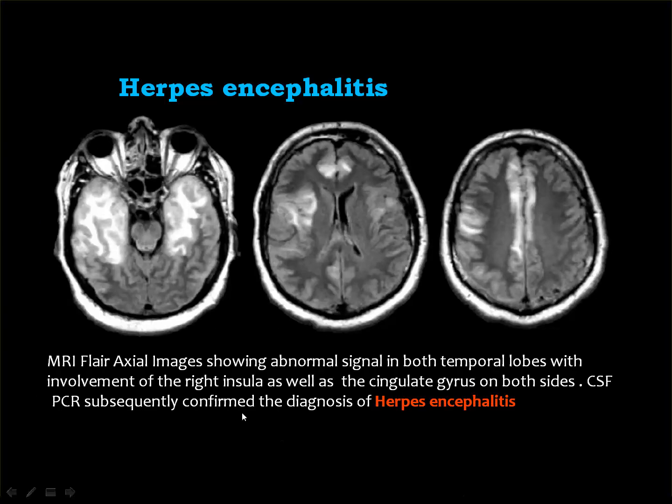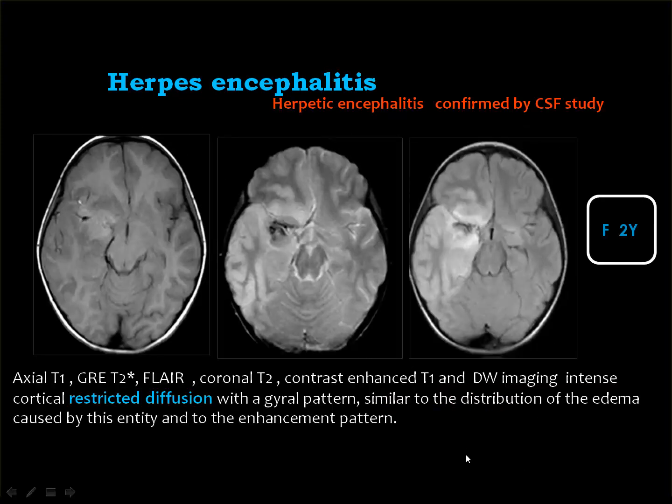The lesions are of low signal in the T1, high signal in the T2 and the FLAIR, and they will not enhance, and they will show diffusion restriction. This is the appearance of herpes, bilateral, symmetric or not symmetric. The clinical picture is very important.